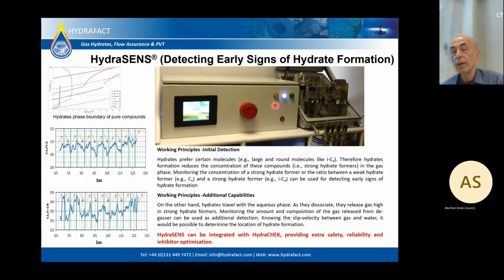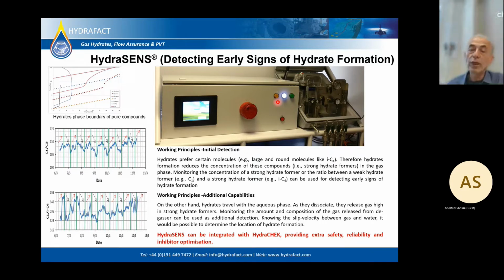And because the change in composition will be first sensed in the gas phase, and the gas phase is the fastest moving phase, it is a sign of hydrate formation.